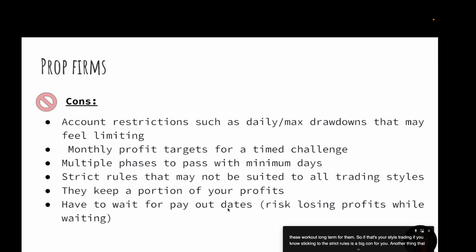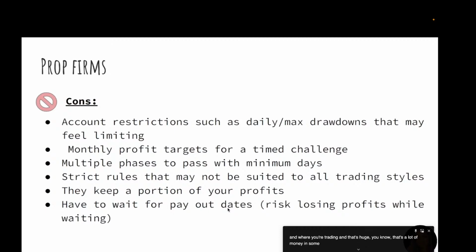Another thing that does kind of suck about them is that they keep a portion of your profits, so it sucks to be trading with a company that takes 20% or 25%, I think even 30%. Some even keep 50% depending on your account and where you're trading. And that's huge. That's a lot of money in some cases.